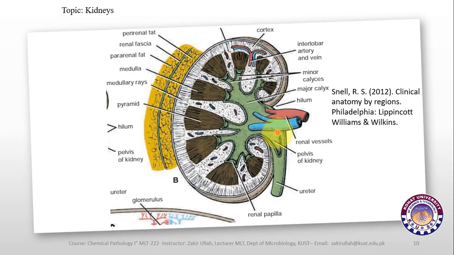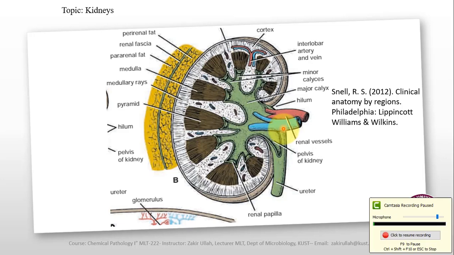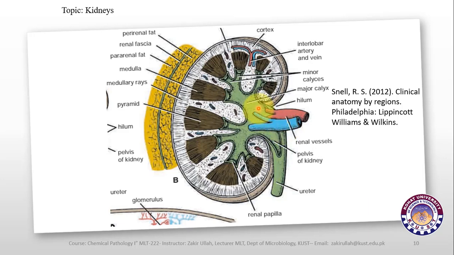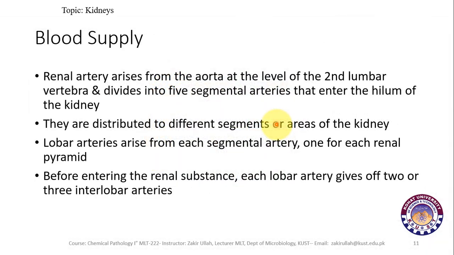Here, this is the hilum. From this hilum, the ureter, the veins and the related structures are supplied by blood through these vessels. The blood supply of the kidneys.